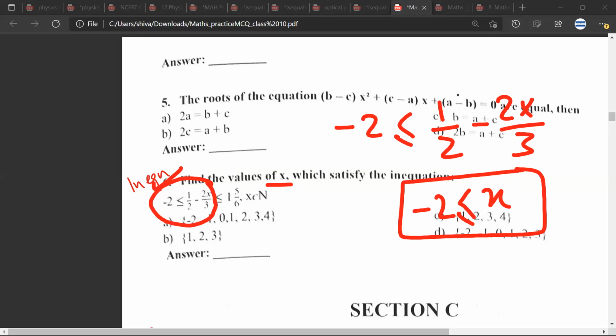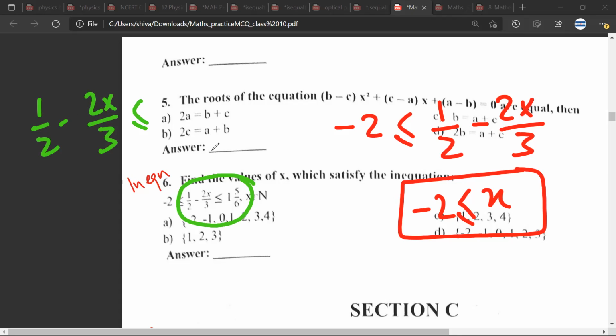The second is we have to solve this part of the inequation. So this will be half minus 2x by 3 is less than or equal to 11 by 6. When we solve this, the answer that we get is x is less than or equal to 3 by 4. So what should be the answer, Mr. CB?